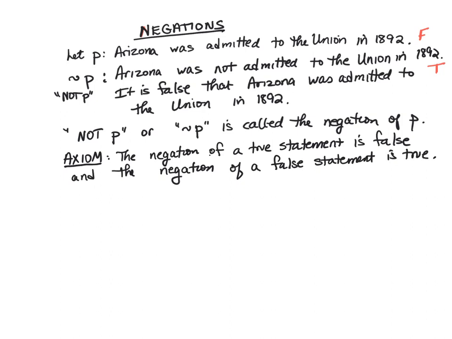And in mathematics, in logic, what we do in order to summarize this axiom, we make what is called a truth table. So this is a truth table for the negation.